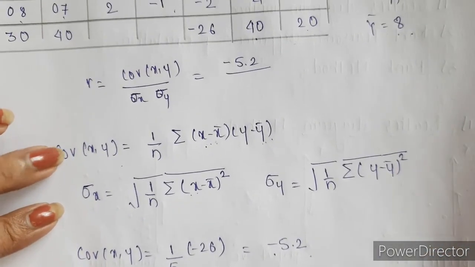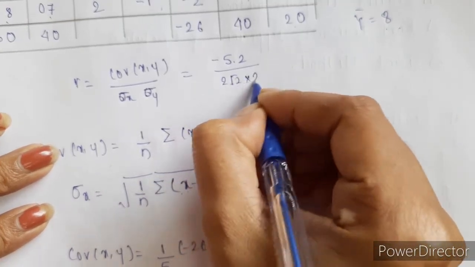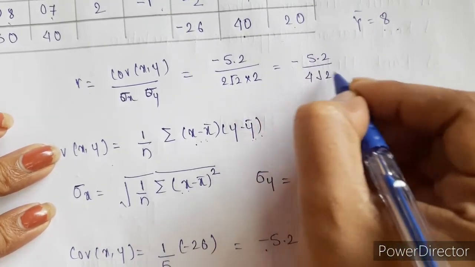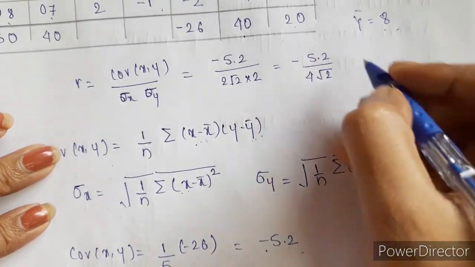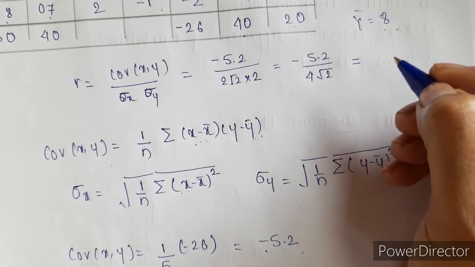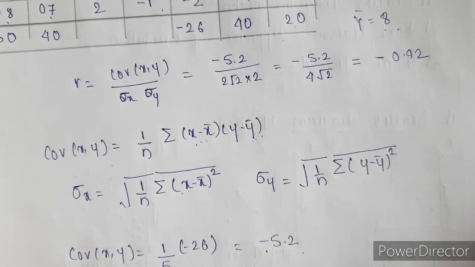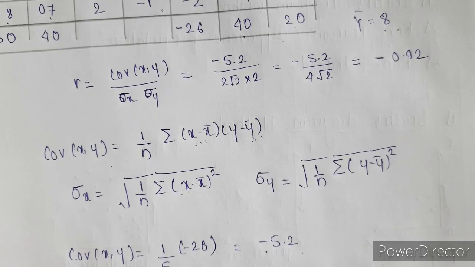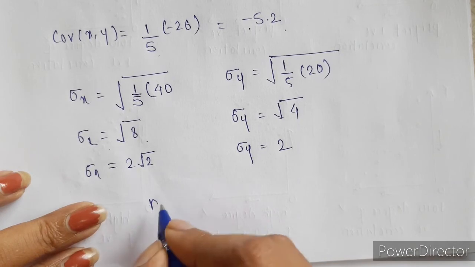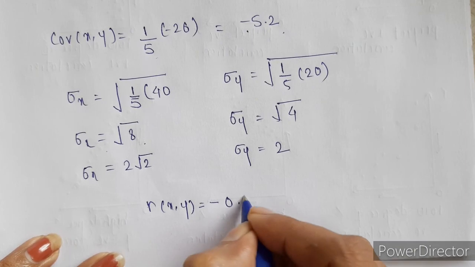So here we have 2 root 2 multiplied by 2, which can be further written as 4 root 2. Okay, and after dividing this, what you will get is minus 0.92. So the Karl Pearson coefficient for variables x comma y is nothing but minus 0.92.